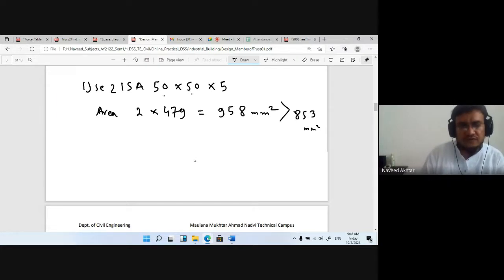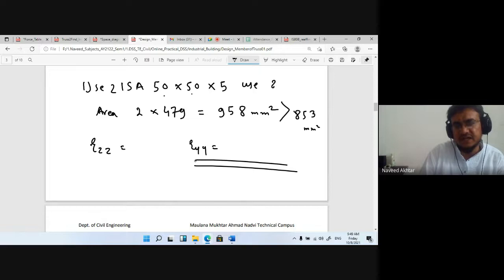So properties of section, if I write, then rzz and ryy, because it is a double angle section with gusset plate, and use 8 mm gusset plate in between, to join these two sections by tacking bolt.